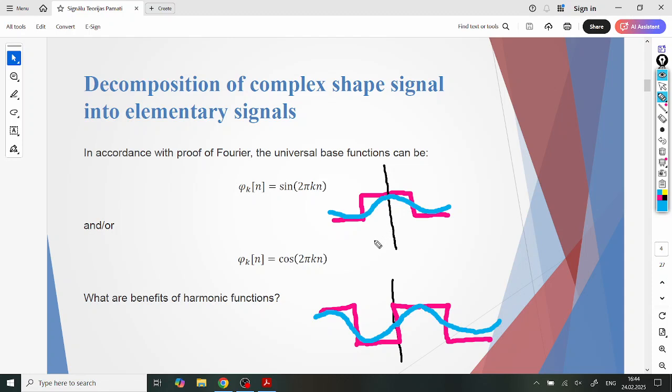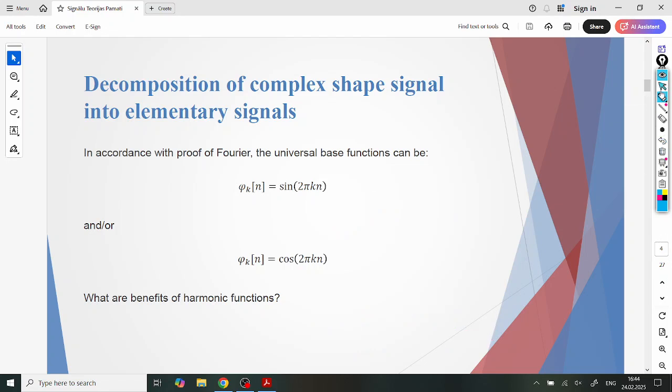But if it's none of the above, you are going to need both of them. We'll get to that soon enough, and before that, we'll experiment a little bit in the practical exercise. But we already discussed the benefits of harmonic functions. They are all around us. They describe rotation, and they describe natural processes which oscillate and cycle through.